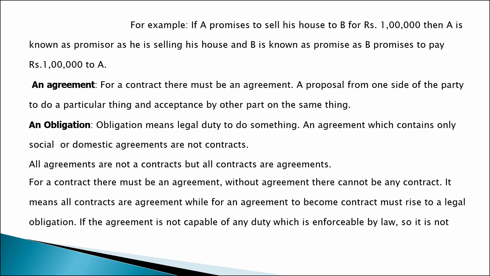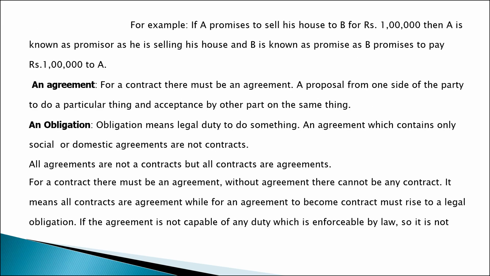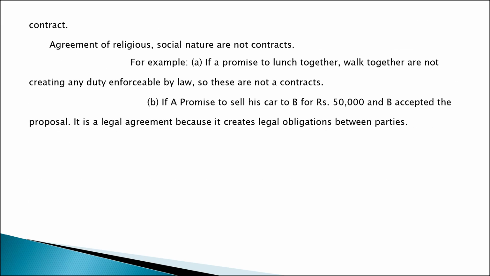If the agreement is not capable of creating any duty enforceable by law, it is not a contract. So agreements of a religious or social nature are not contracts. For example, if A promises to have lunch together or work together, it does not create any duty enforceable by law.